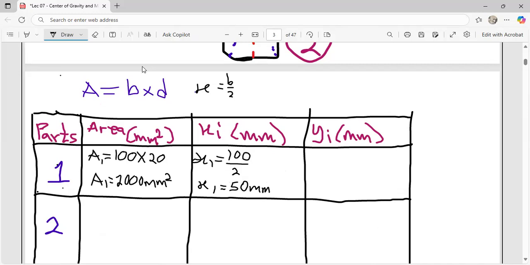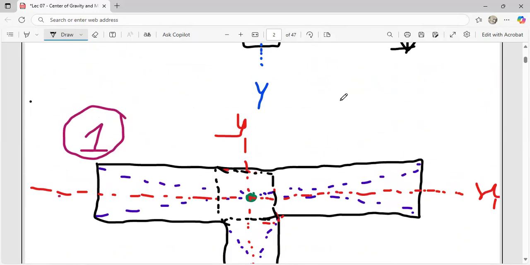And the formula for the y also becomes what? D divided by 2.